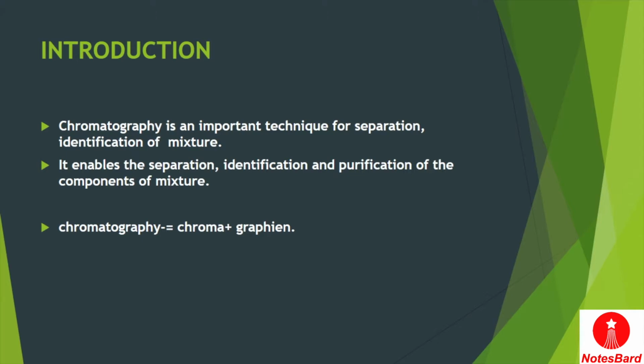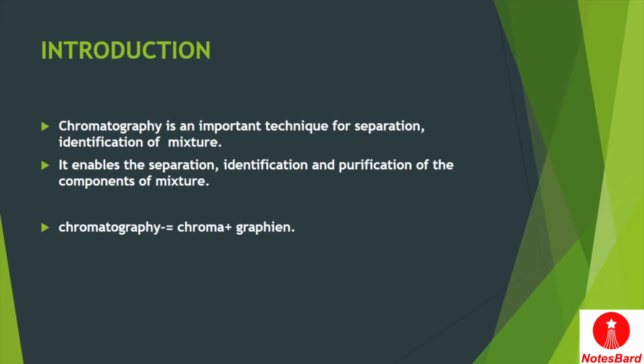Here the word chroma means color and graphein means to write. At first it was used to separate plant pigments, and that's why it is named chromatography.